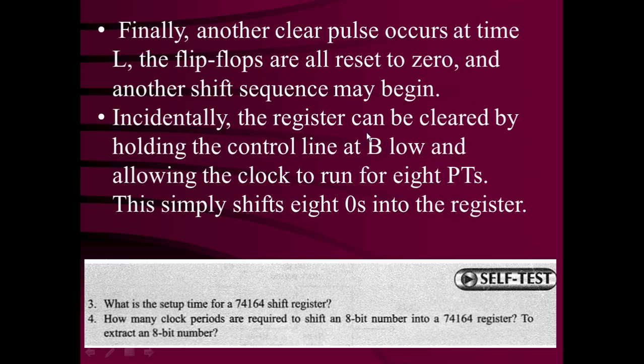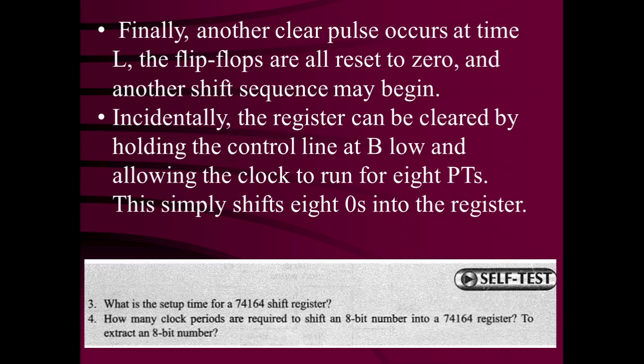Incidentally, the register can be cleared by holding the control line B low and allowing the clock to run for 8 positive transitions. This simply shifts 8 zeros into the register. There is another way to reset all the flip-flops, and that is entering 0 into each flip-flop. If you hold the control line B low, then only zeros can be entered into the first flip-flop.